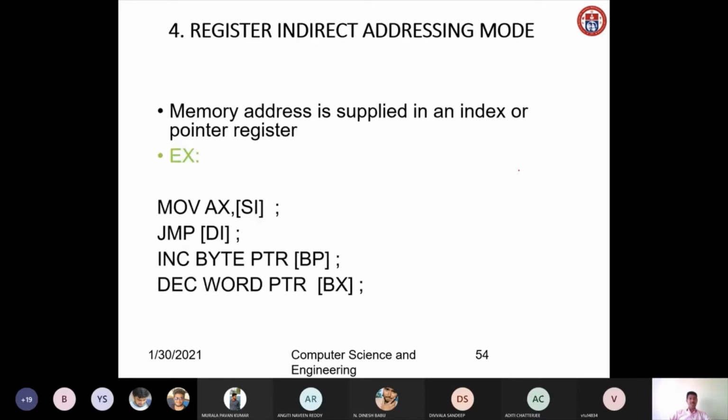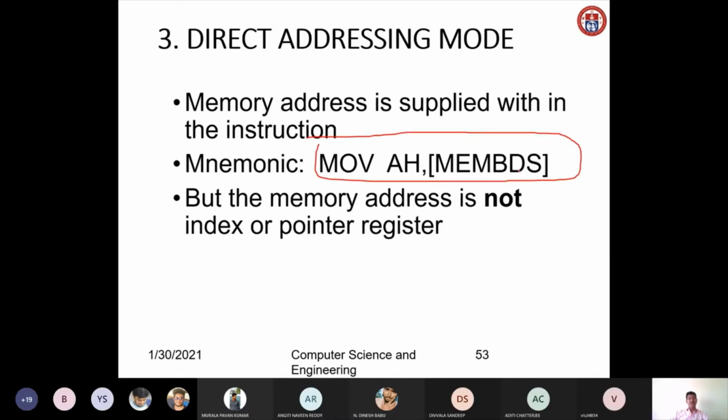Then register indirect addressing mode. Register indirect addressing mode means the memory address is supplied in an index or pointer register. Previously the memory address was not in an index or pointer register; directly we were giving the memory location.